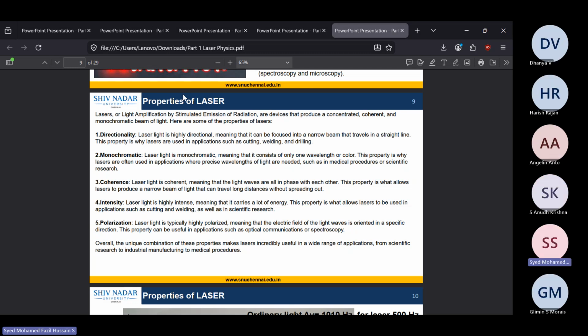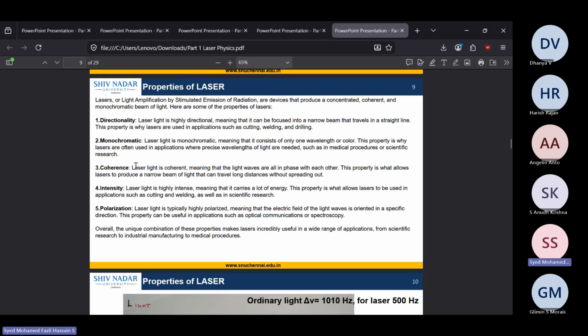So it is highly monochromatic. The wavelength will be fixed onto a spectrum, not like white light, which has multiple wavelengths. A laser only has a dedicated small spectrum of wavelength.